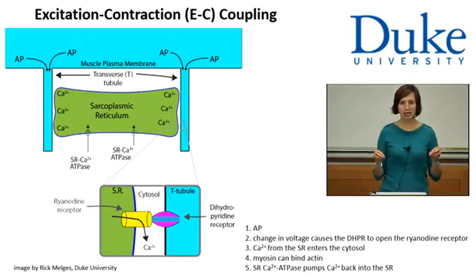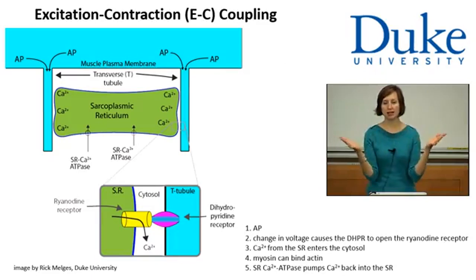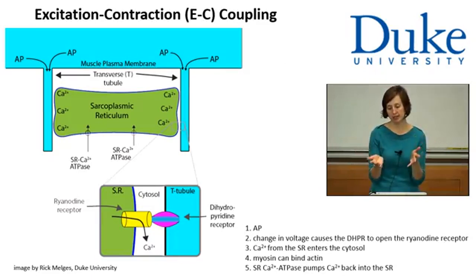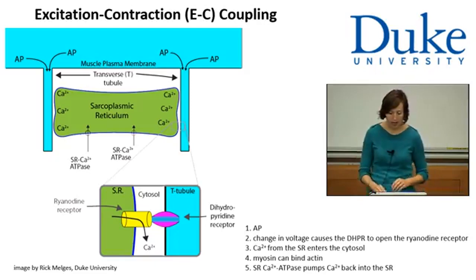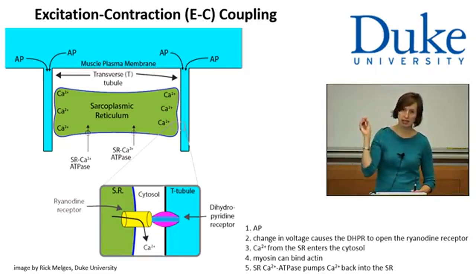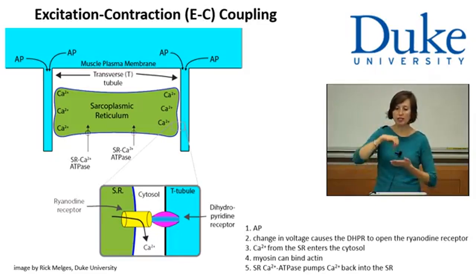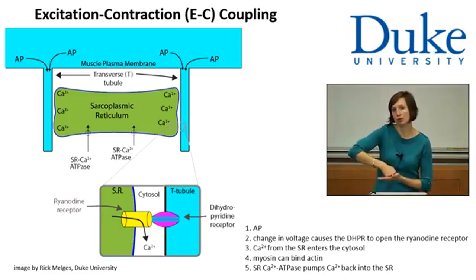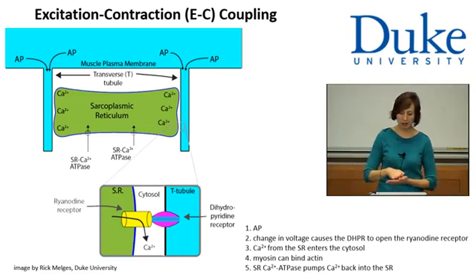So now let's link what we know is going to be the excitation from the somatic nervous system to contraction, which is going to require an increase in calcium. Keep in mind that we're going to have our somatic motor neuron that's sending a branch of its axon that is going to synapse onto a spot of the skeletal muscle fiber or cell, and that the somatic motor neuron is going to be releasing acetylcholine as soon as an action potential travels down it.